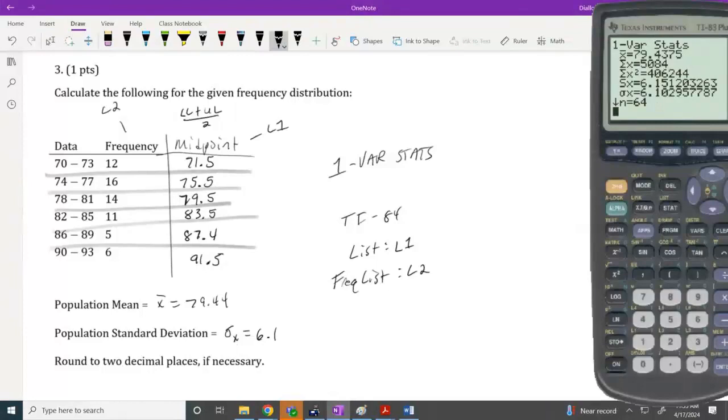Now if they ask for the sample mean, okay, the sample mean would still be 79.44. But if they ask for the sample standard deviation, then we would get 6.15. Right, so since they're asking for the population, we're going to use that sigma sub X, which is 6.1.